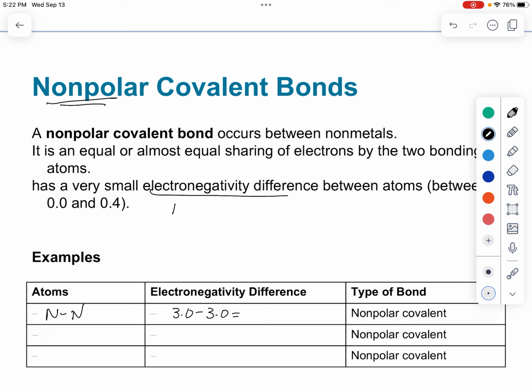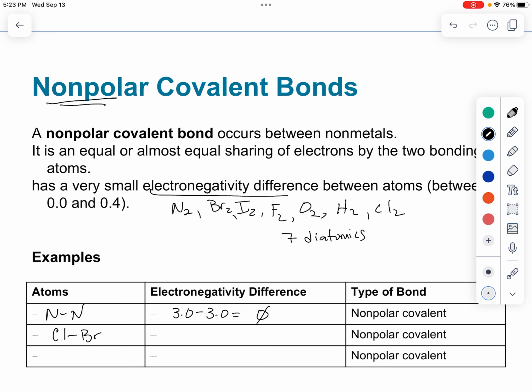Obviously, any diatomic that's homonuclear is going to have an electronegativity difference of 0. So that would include N2, Br2, I2, F2, O2, and H2. 1, 2, 3, 4, 5, 6. I'm missing one. Chlorine. Those are the 7 diatomics. And they make a 7 on the periodic table.